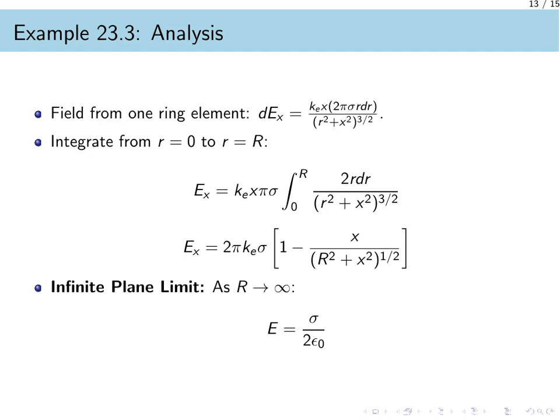An interesting property emerges if we take the limit where the disk radius R grows toward infinity. The formula reduces to the surface charge density divided by 2 times the permittivity of free space. This proves that an infinite plane of charge produces a completely uniform electric field that does not weaken with distance.